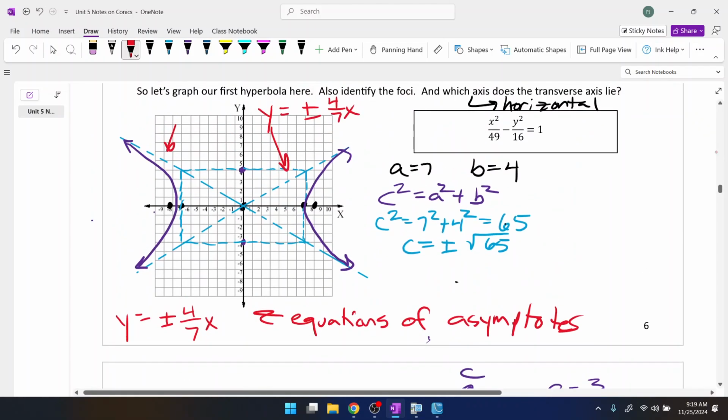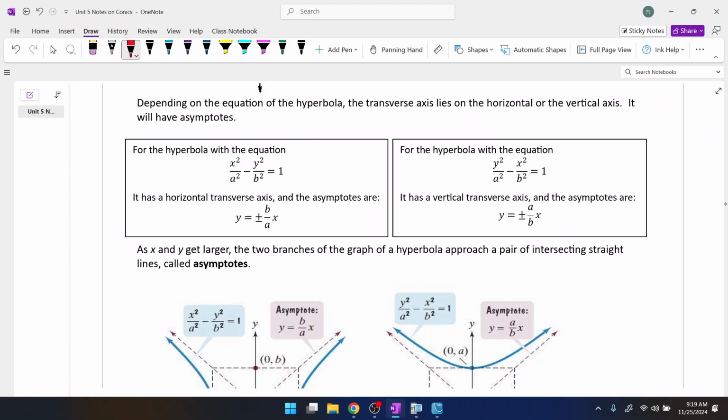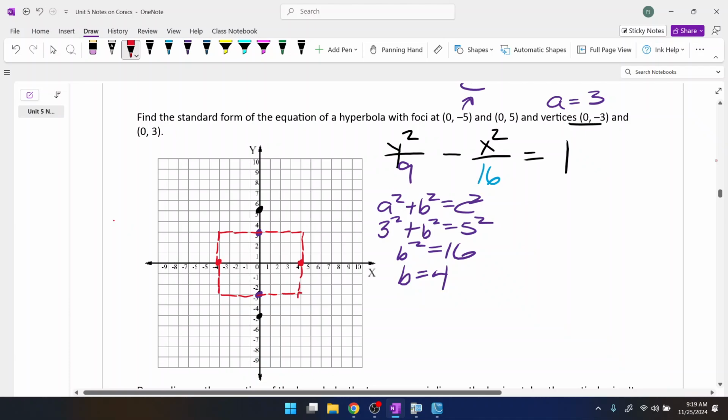You go up 3 and over 4. Now, if you look at the previous one here, we went up 4 and over 7. Now, A was 7 here. This was B, literally B over A. This is going to be A over B. And one of the things is whenever it's leading off with a y squared that's positive, it's going to be A over B, not B over A. So literally go up 3 and over 4.